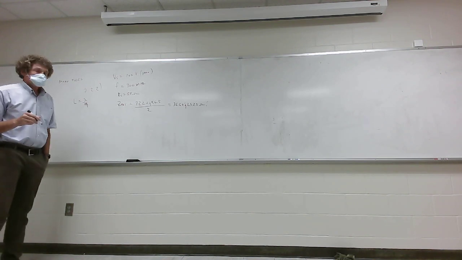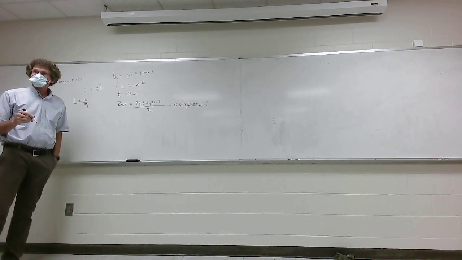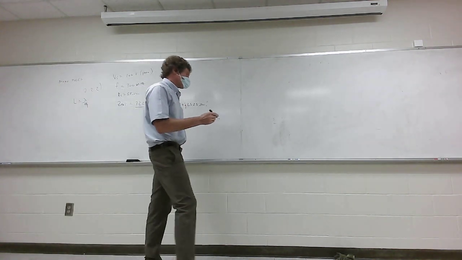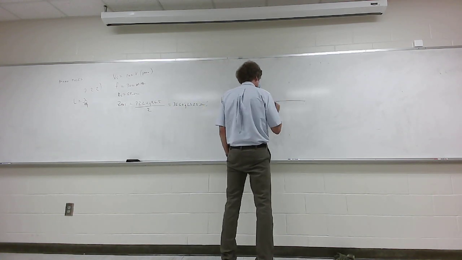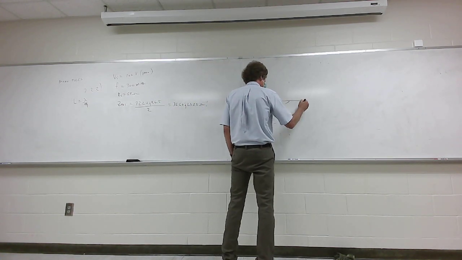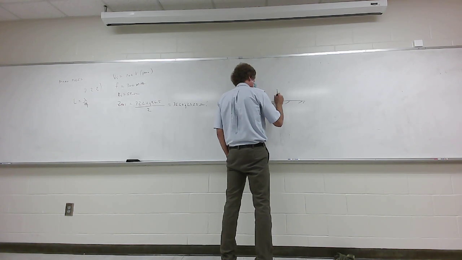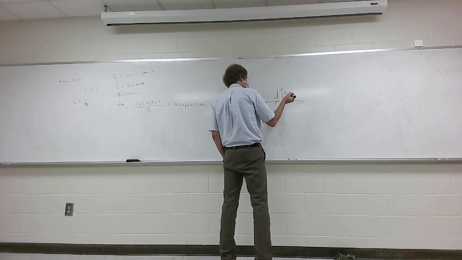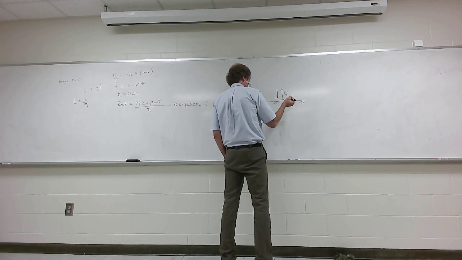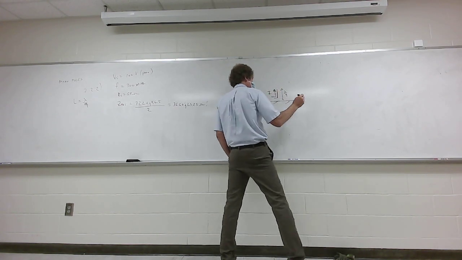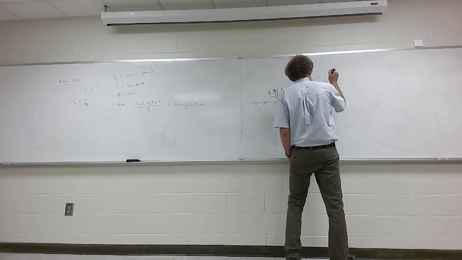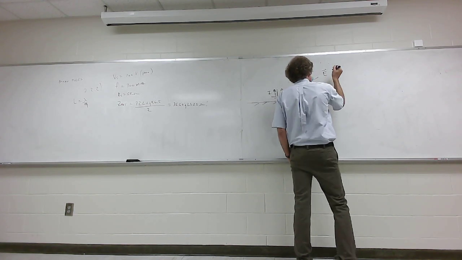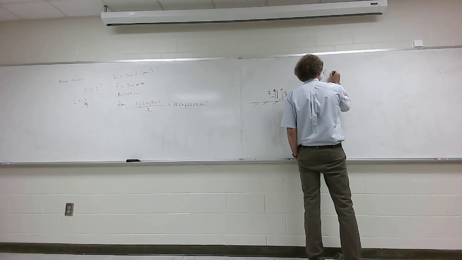Okay? So here's what I'm going to do. I'll draw the circuit. I'll just show you the antenna. It looks like this. Here's the ground plane, and here's your monopole. This is a quarter wave monopole. I know the driving point impedance right there. What I really need to get is the current, right? Because if I get that current, I know that the E field will be the same as the E field from a half-wave dipole.